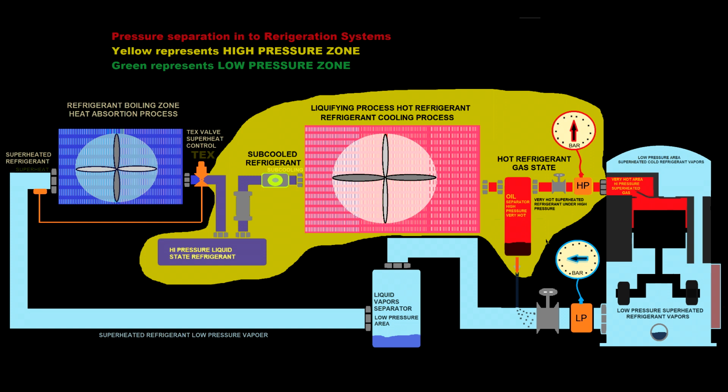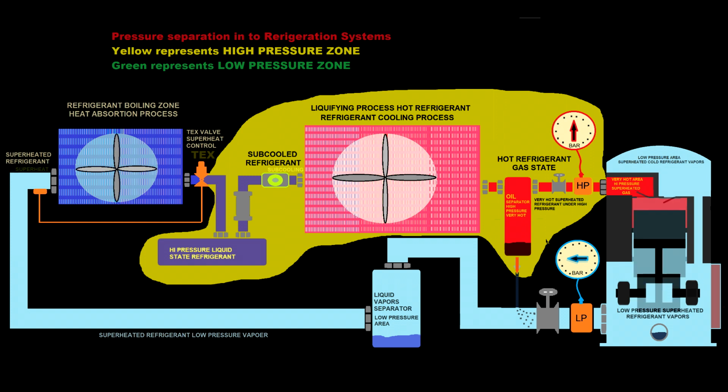It takes this superheated refrigerant from the lower side, from the compressor crankcase, and it pushes it towards the condenser. Then the refrigerant goes further through the thermostatic expansion valve into the evaporator. Then it's coming back into the compressor crankcase.